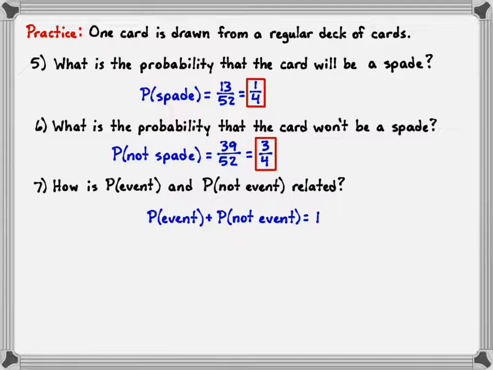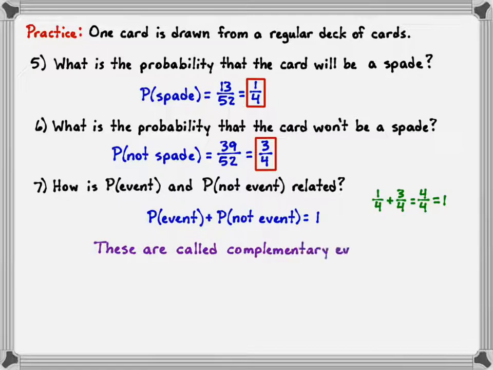The total sample space is filled up by something happening plus something not happening. So that's an important concept, and we can see that 1/4 plus 3/4 is in fact 4/4. All right, these again are called complementary events.